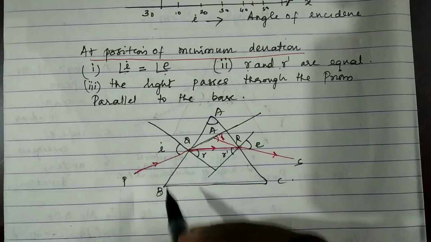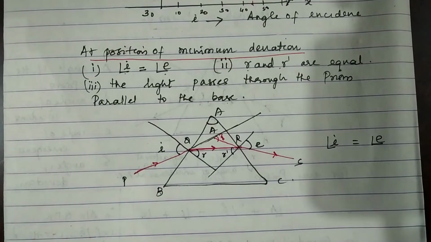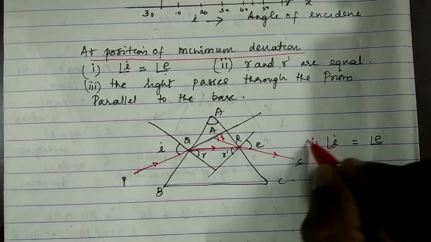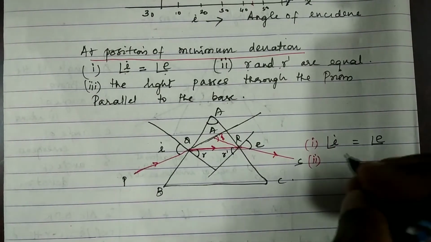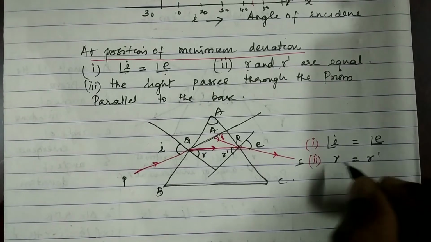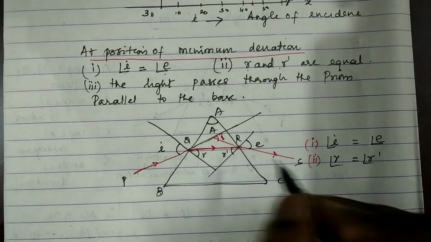So here the angle of incidence will be equal to the angle of emergence. This is the first thing at the position of minimum deviation. Second, we have R equal to R dash. Base angles are equal.